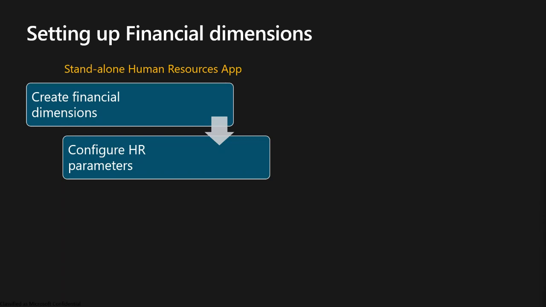If you were only using Dynamics 365 Human Resources, you didn't need to create a chart of accounts and some of those other things that are required in Dynamics 365 Finance.